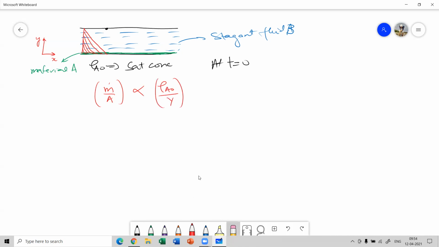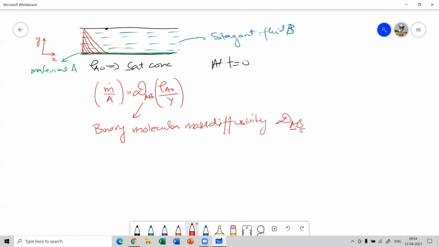And if we remove this proportionality, the constant of proportionality is DAB, which is called the binary molecular mass diffusivity, that is DAB, between species A through B, that is diffusion of A through B. That's why it's written DAB.